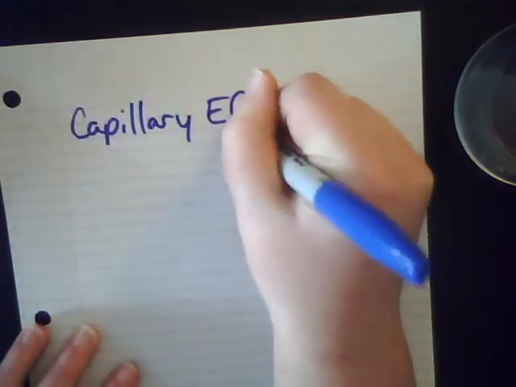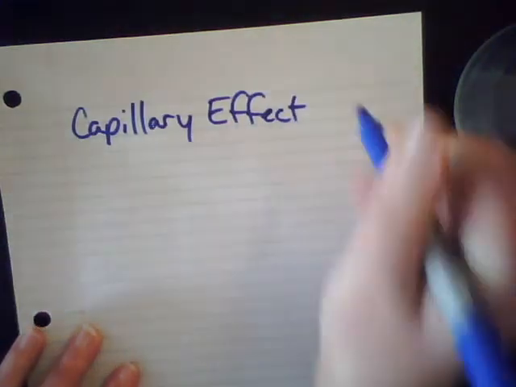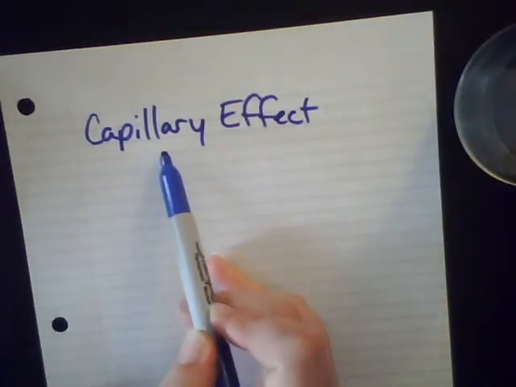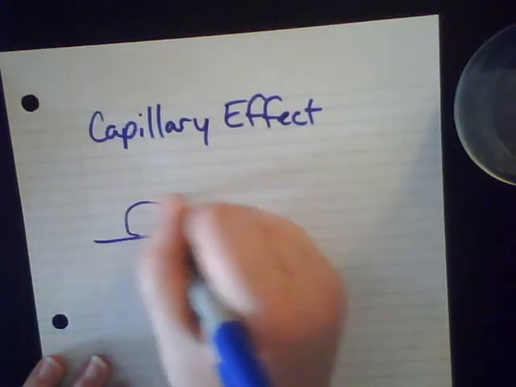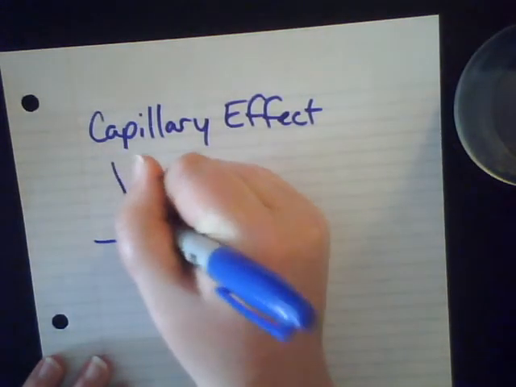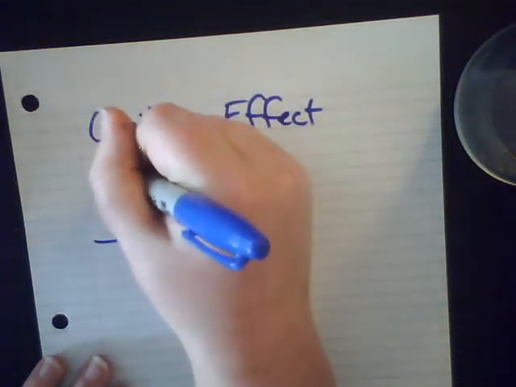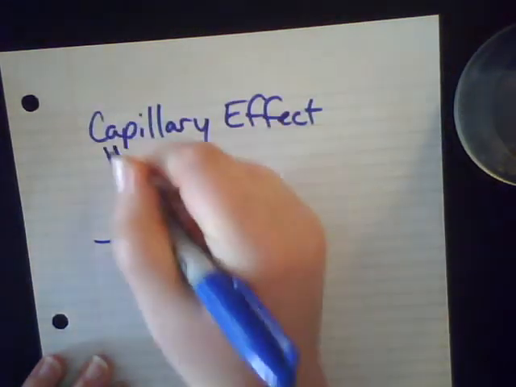Now, another cool thing about surface tension and water in general is it allows for an effect called the capillary effect. We've now played with capillary tubes in lab a couple different times, and you found that, here's my droplet of water again, you put that little tiny tube into a sample that's water-based, right?